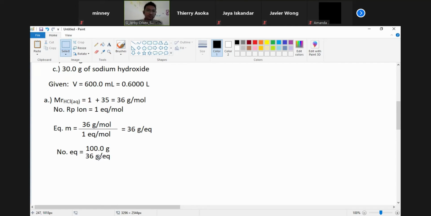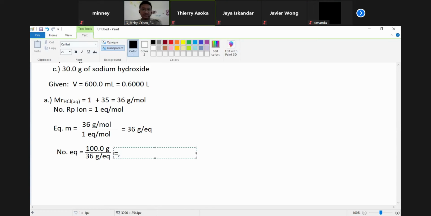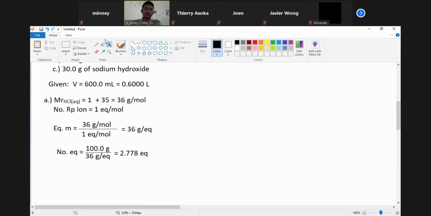And what will be the result? 2.7. 2.7 what? Equivalent. It should be how many significant numbers? 4. So 2.778. Yes, equivalents. Next, we have 2.778 equivalents.